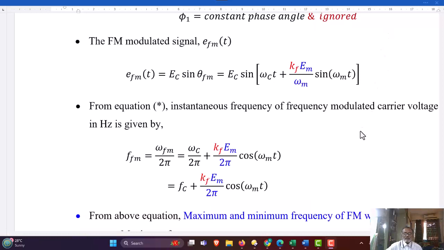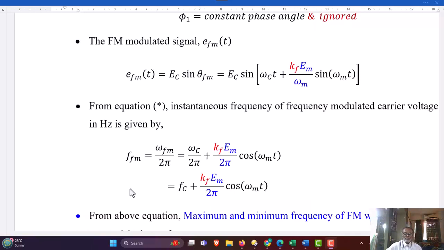Here our expression is in the form of angular frequency omega m. Very well, you can express the frequency in hertz also. That is, the modulated signal frequency can be denoted by f of FM. And we know the relation between f and omega.